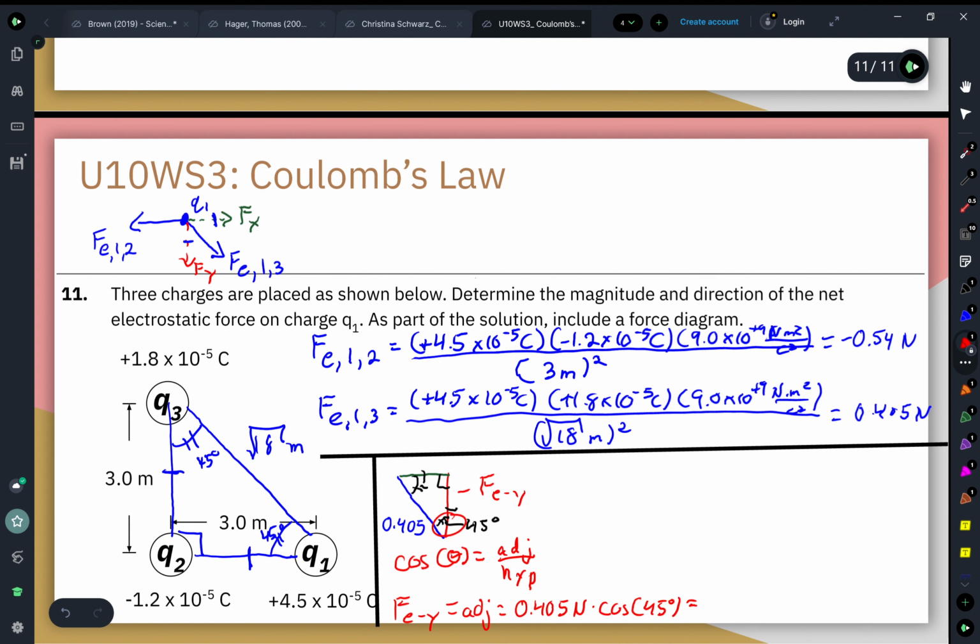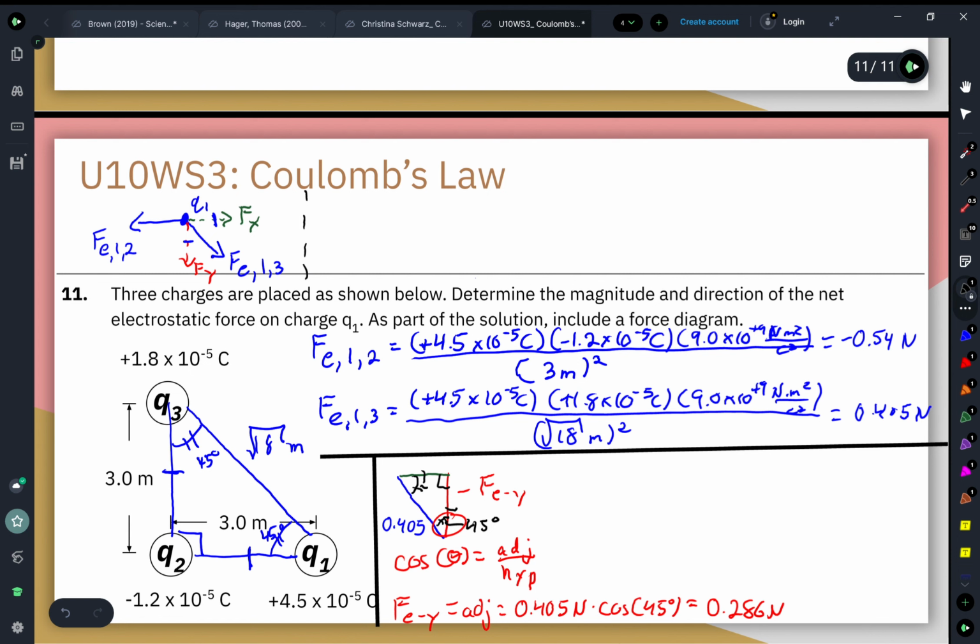So our electric force in the y direction resulting from charge 3 is going to have a magnitude of 0.286 newtons. So that right there is going to be our vertical and horizontal components.